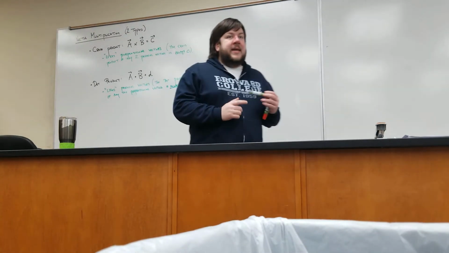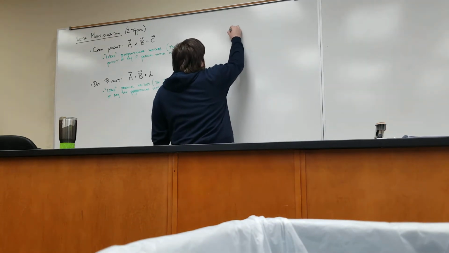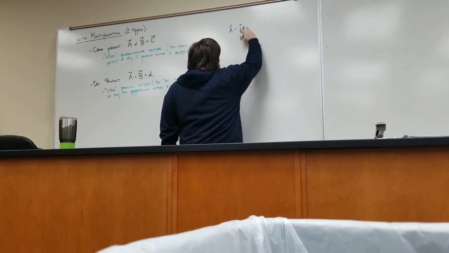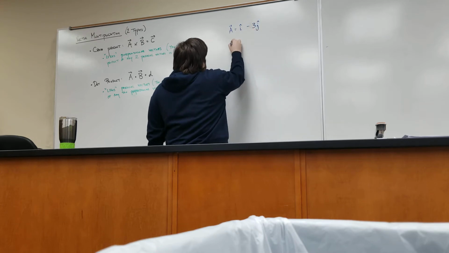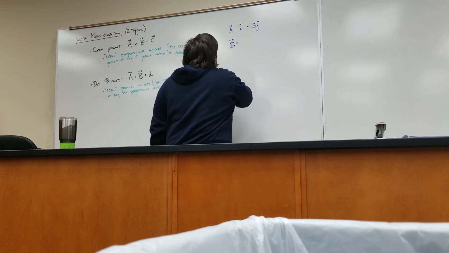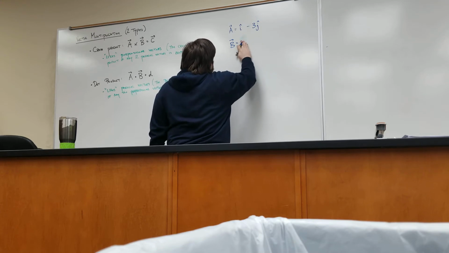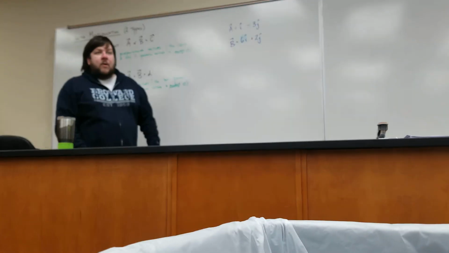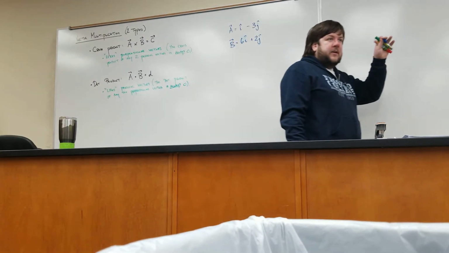So if I were to give you two random vectors, let's say A was i minus 3j, and B was 6i plus 2j, and I were to ask you to describe the relationship between these two vectors.